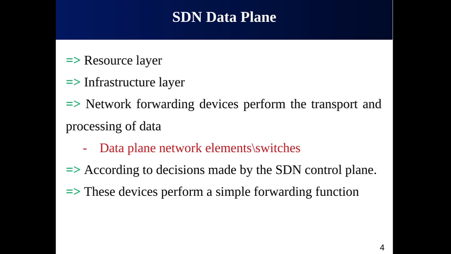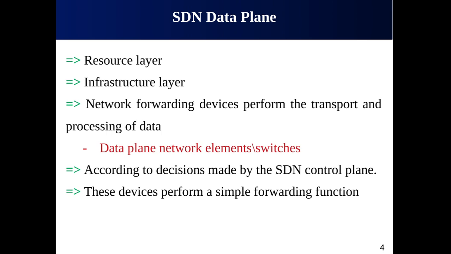And this is the layer or the plane which actually is responsible for forwarding the packets. So we can say that the switches are actually the network forwarding devices that perform the transport of the packets, and even processing of the data packets, but according to the decisions, and those decisions are made by the SDN controller, which exists in the SDN control plane.